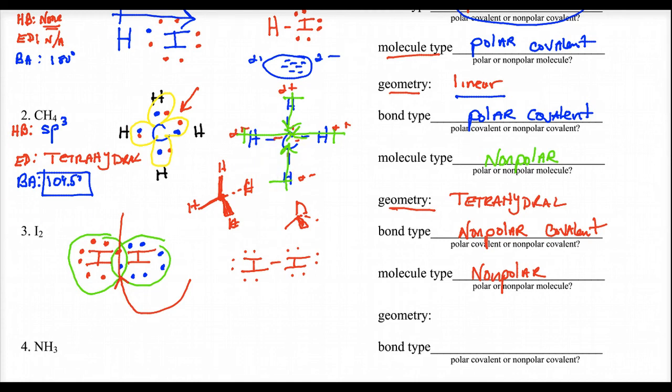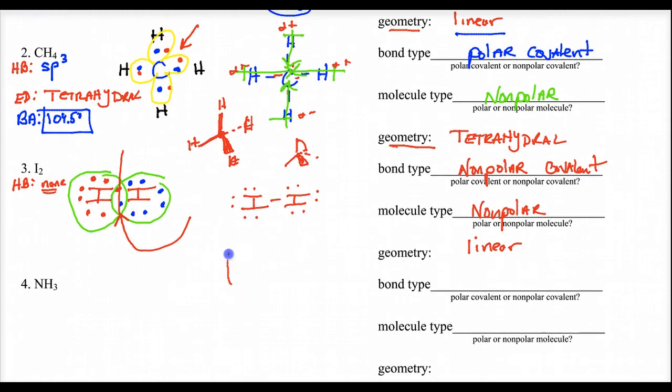Now let's go back to the hybridization. Well, there's only 2 atoms, so obviously the geometry is linear. But because there's only 2 atoms, we can explain this without hybridizing. So we say there's no hybridizing here. And you say, well, how can I explain without hybridizing? Well, same idea here. Here's a p of 1 iodine.